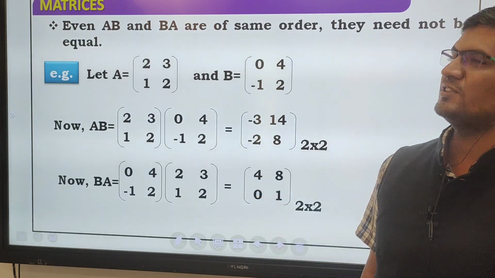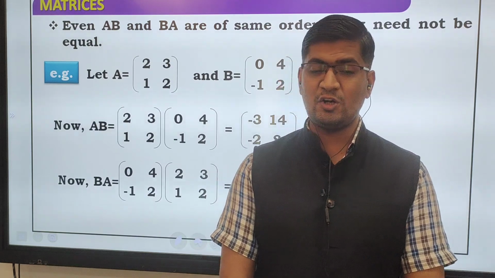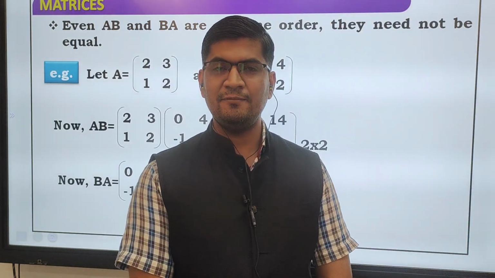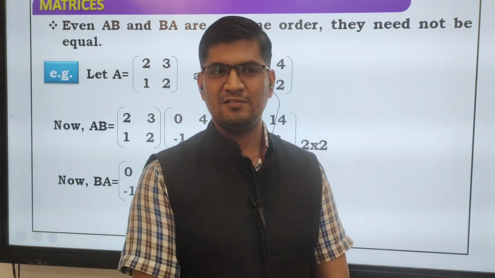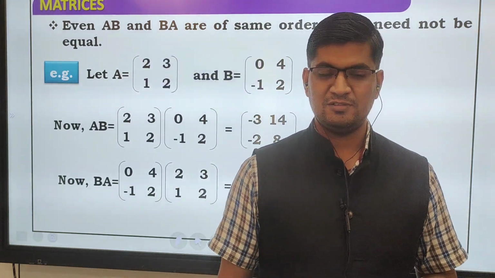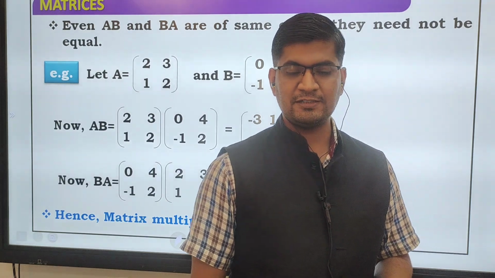The answer will also be different. So AB and BA are not necessarily equal. Hence matrix multiplication is not commutative.